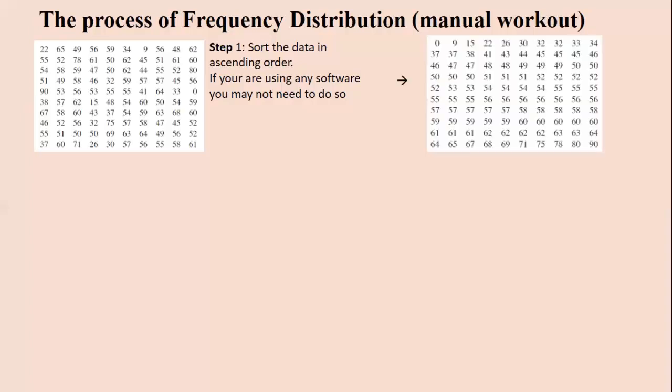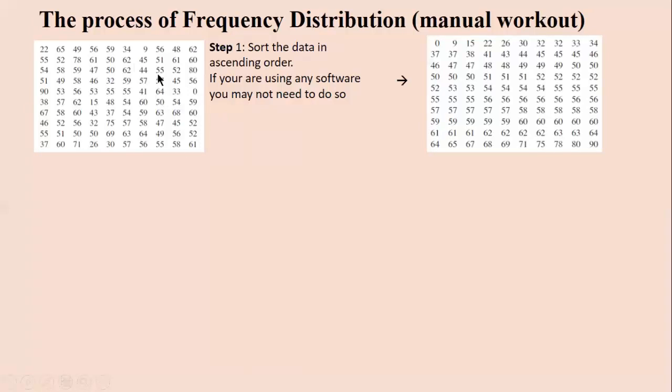So that is being ordered in ascending order. You can see that these numbers have been arranged in ascending order, starting from the minimum value 0. Here is the 0, which is the minimum value of this group, and the maximum value is 90.